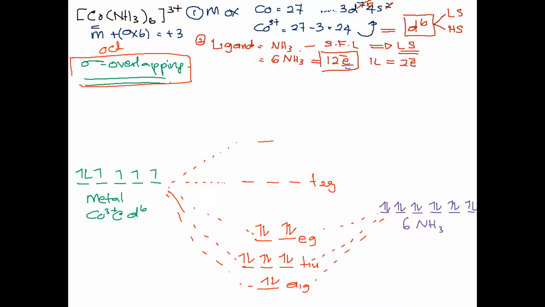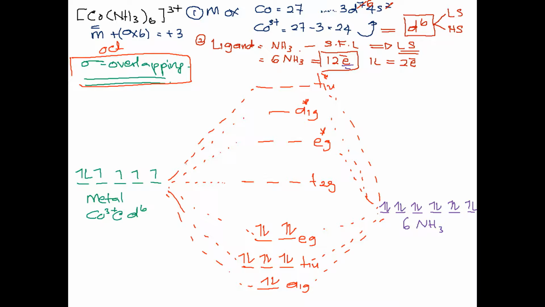Then you will have the eg star, the eg anti-bonding orbital, and then the a1g star, the a1g anti-bonding orbital, and finally the t1u star, which is the anti-bonding orbital.